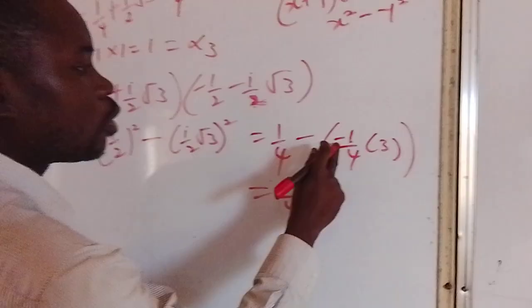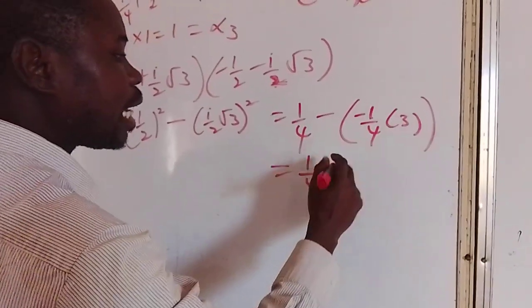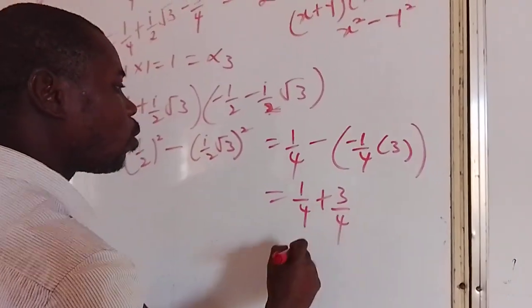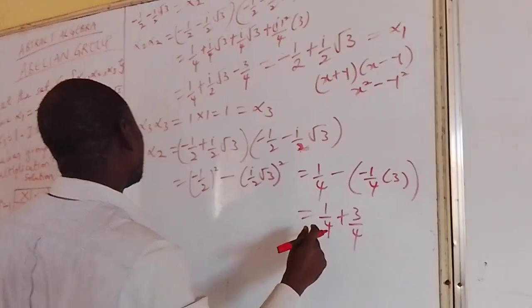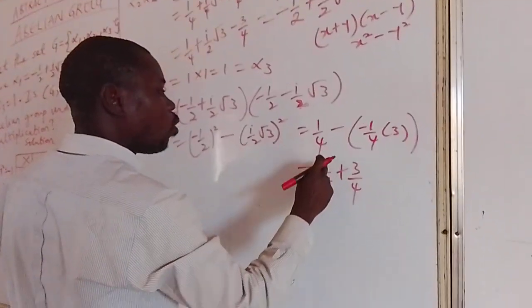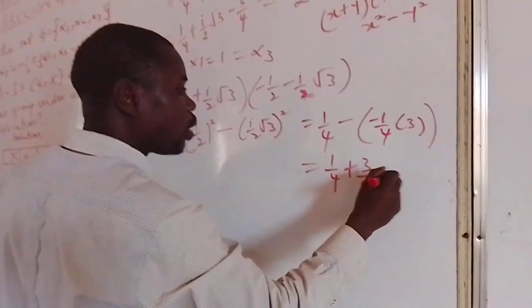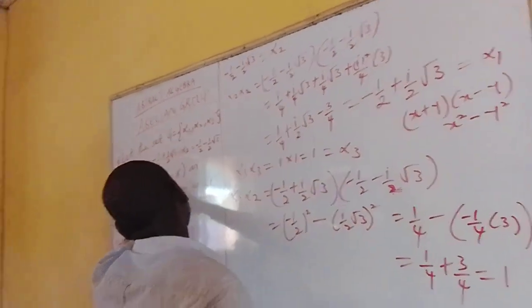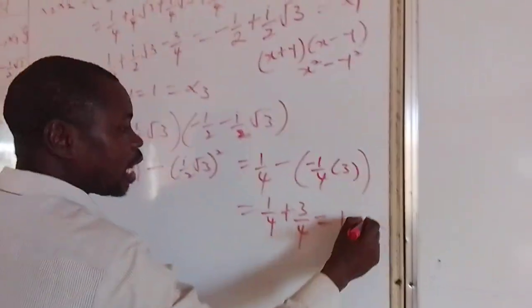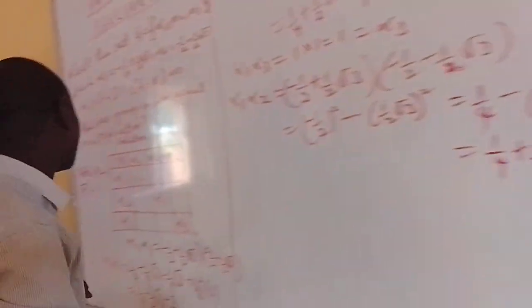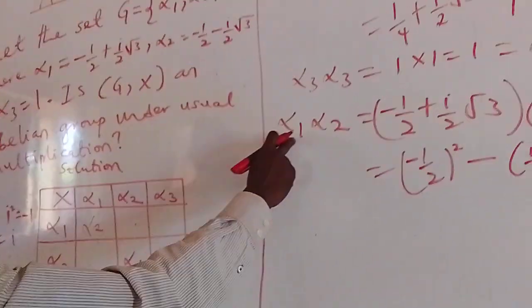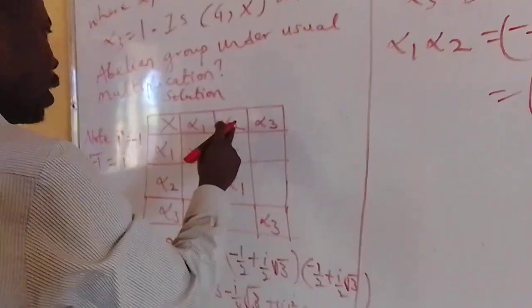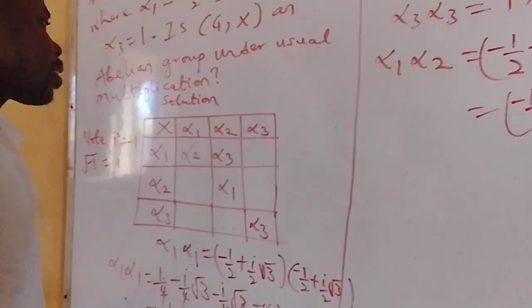Minus coincides with minus, it becomes plus. Multiplied by 3, that is plus 3 over 4. So 1 over 4 plus 3 over 4 is equal to 1. And when you look at 1 here, 1 is equal to alpha 3. So that implies that alpha 1, alpha 2 is equal to alpha 3.